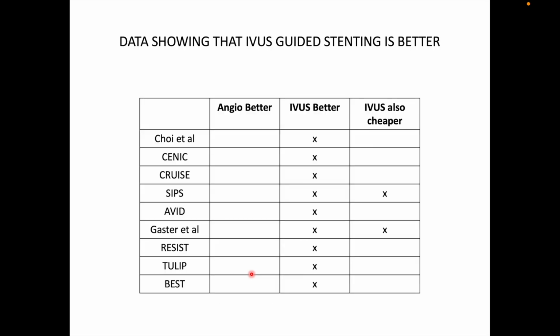There is a lot of data showing that IVUS is much better than angio alone, and there are certain studies that show that ultimately the IVUS catheter turns out to be cheaper as well, in terms of preventing stent thrombosis, restenosis, repeat interventions and all of that. So it ultimately tends to be cheaper.